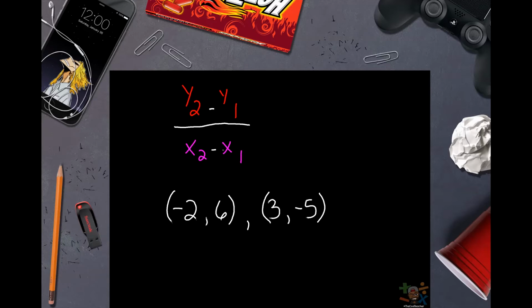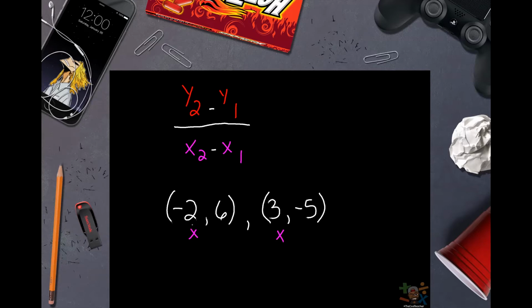Alright, so there are 2 ways to do this, and I'm going to show you both. Here's my formula, so what I can do is just plug things in. Let me match the colors up so everybody can follow along. Here are my x's, because in the ordered pair it's x and then y.